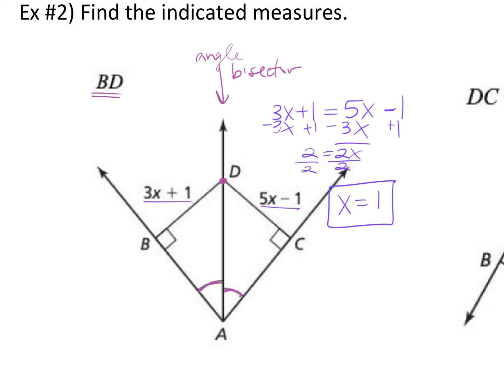BD would be 4, so you're going to plug it in, 3 times 1 plus 1, so BD is 4. Does that make sense? When in doubt, set it equal.